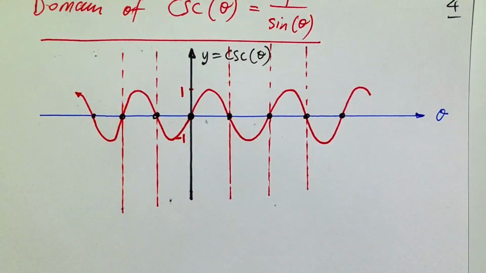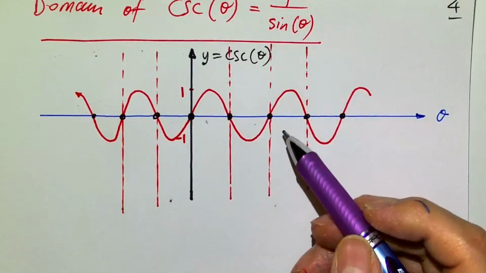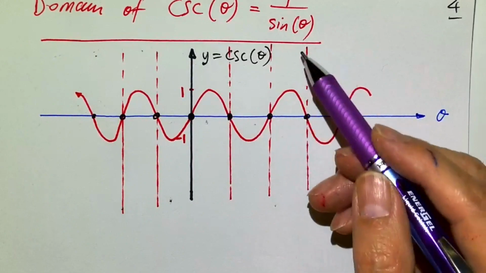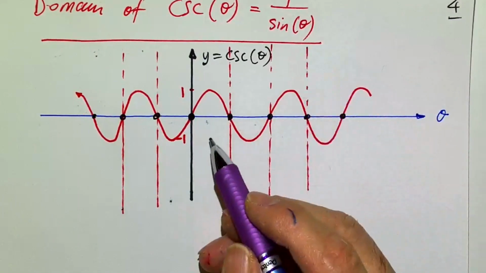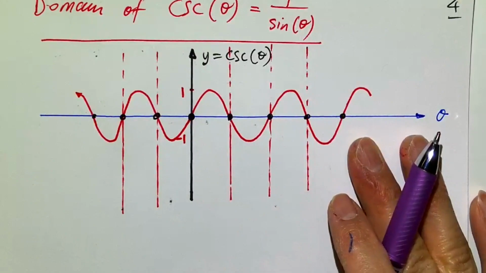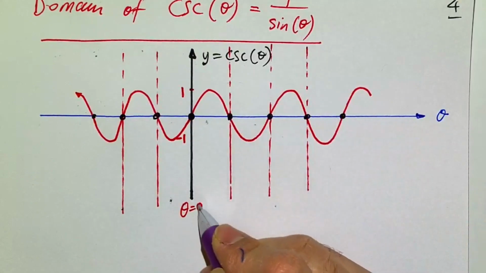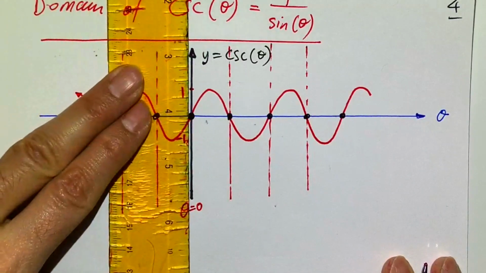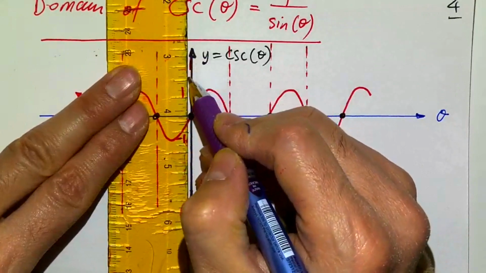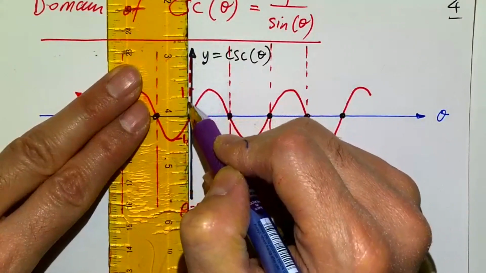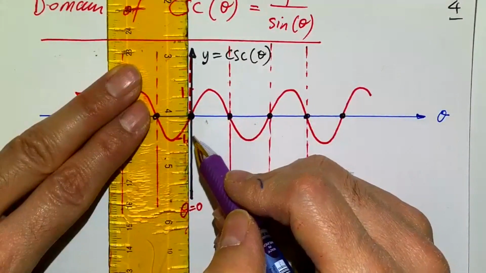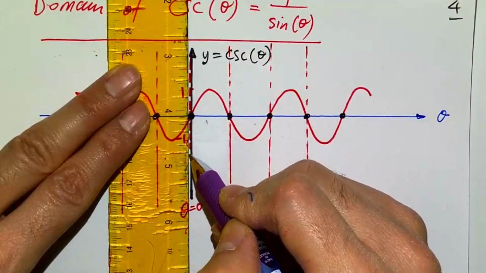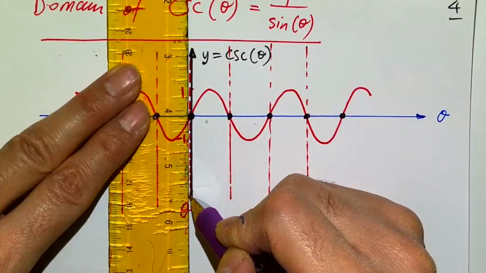Okay, so then where are these asymptotes? We know that sine of theta is equal to 0 at theta equals 0. So that's one of the angles. At theta equals 0, we have an asymptote. Right? So let me actually put a dashed line right next to this y-axis to indicate that the y-axis is also a vertical asymptote here, like that.